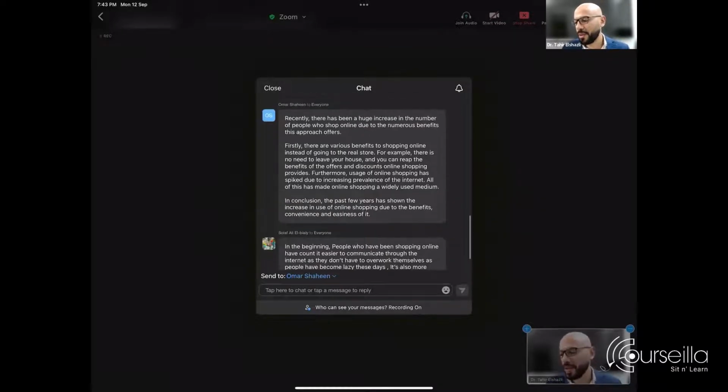Let's continue quickly. Furthermore, usage of online shopping has spiked due to increasing prevalence of the internet. Nice. What was the main idea? An increase in online shopping activity, and he justifies the increase by saying people now have smartphones and the internet everywhere. Very to the point. Something very important in writing: never be irrelevant. Don't put a sentence unrelated to the topic. As long as you are to the point, you will get the mark even with some minor mistakes.